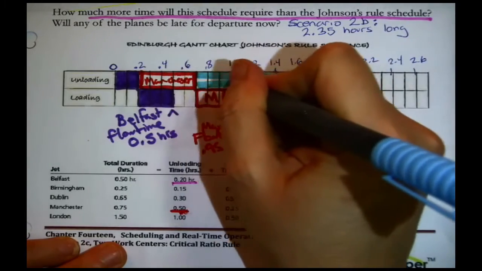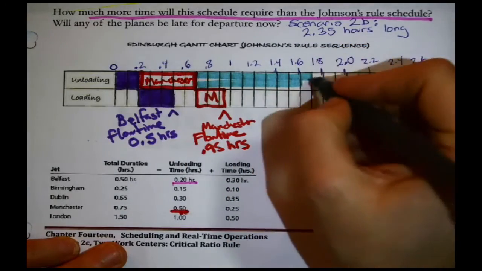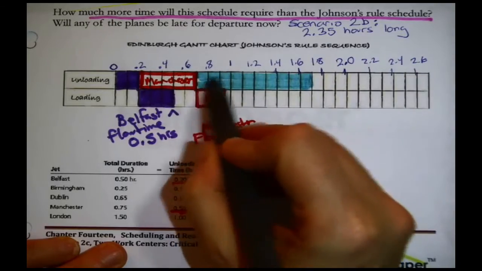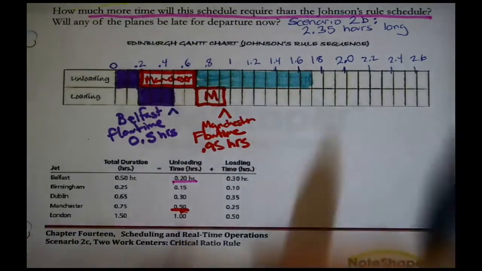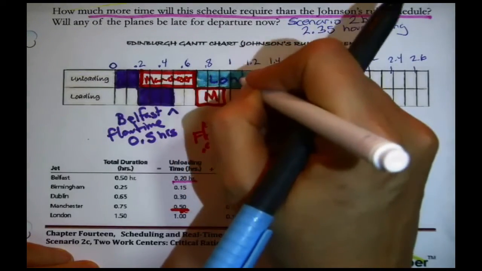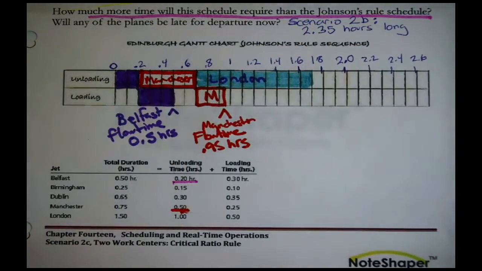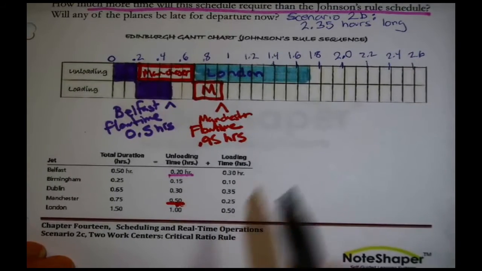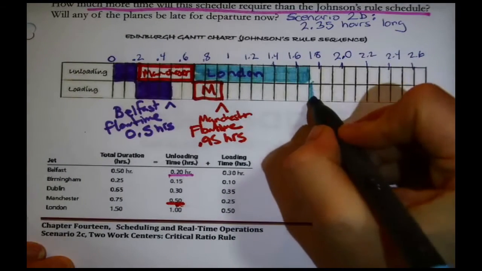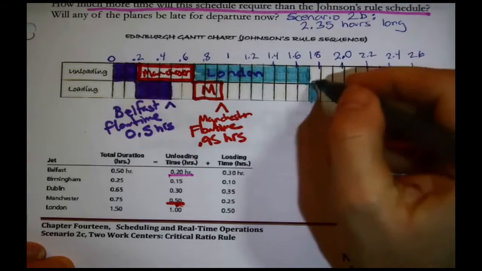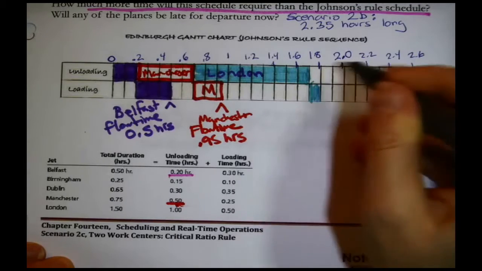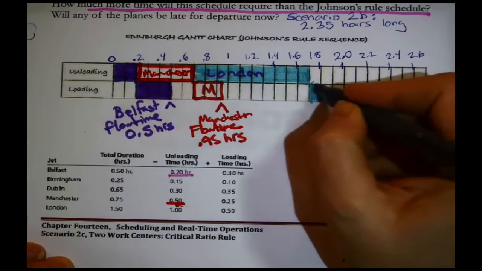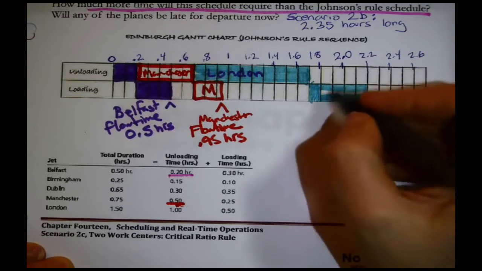All of this through here is the unloading crew working on the, and I can label that, London flight. When it is unloaded, you can commence loading it again. That's another half hour, but it can't start until right here. There's 1, 2, 3, 4, 5. A half hour's worth of time.